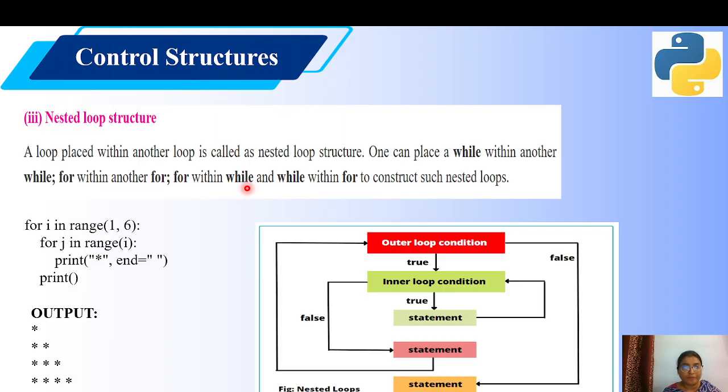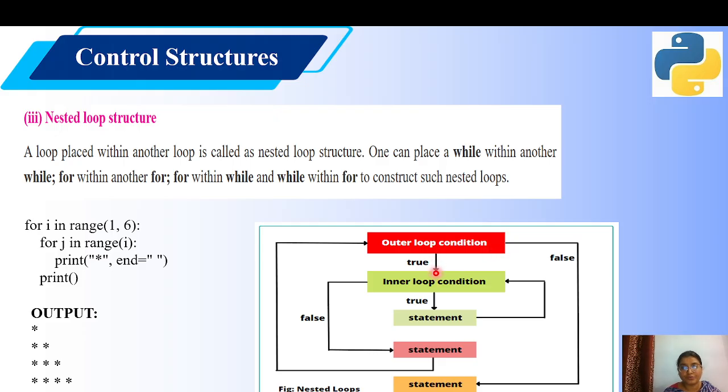Then we have nested loop structures. With nested loop structures, pattern printing programs become very easy. This is the inner working. We have the outer loop condition.